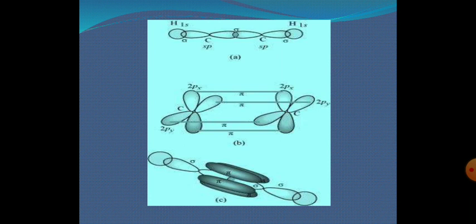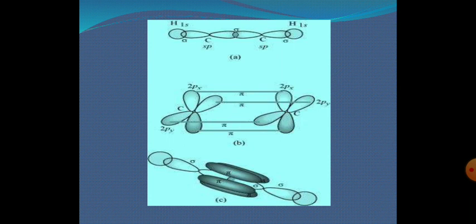Now we consider the unhybridized orbitals of the first carbon and the second carbon. They combine laterally.